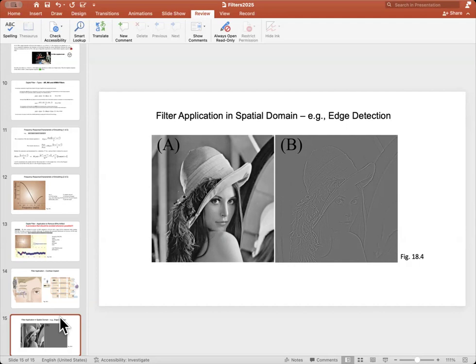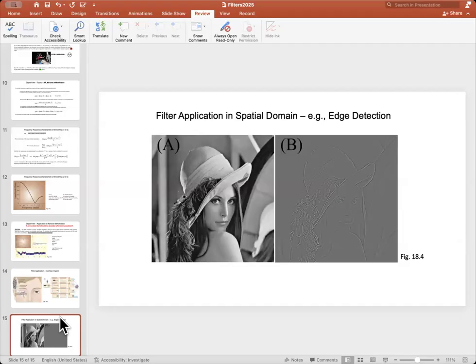It's a standard test image that people use to show how their algorithms are working. You may find Lena in many textbooks and publications where people want to show the purpose and the performance of their algorithms.